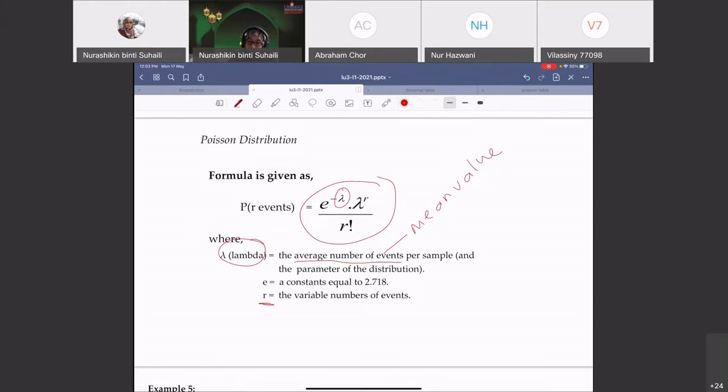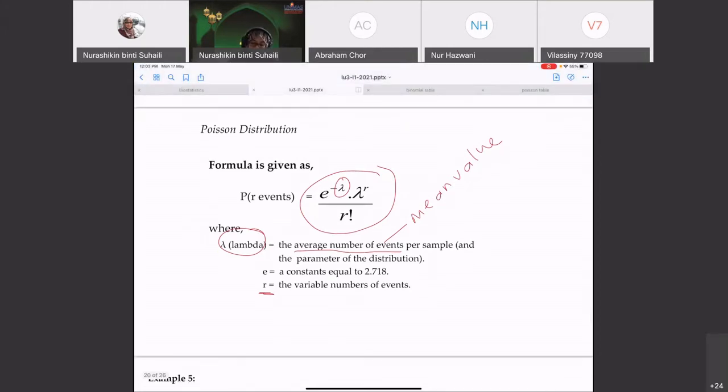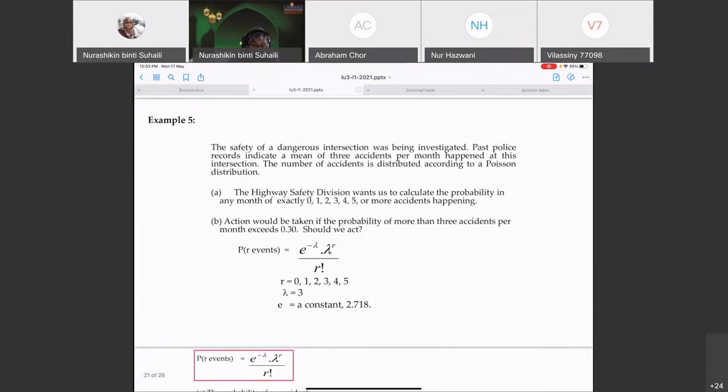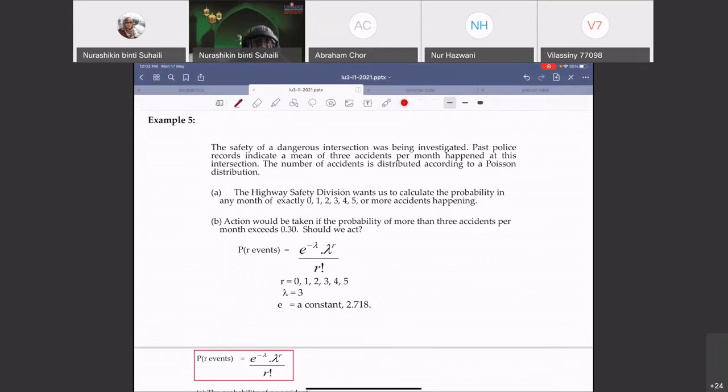Now let's have a look at how to solve using this formula. Given this problem: the safety of a dangerous intersection was being investigated. Past police reports indicate a mean of 3 accidents per month at this intersection.